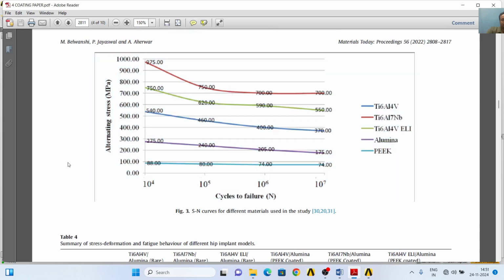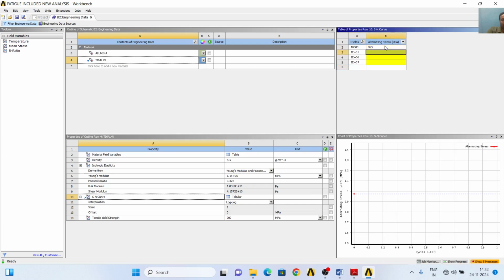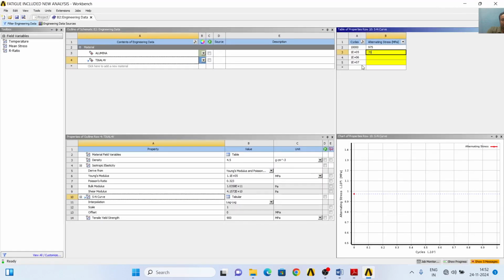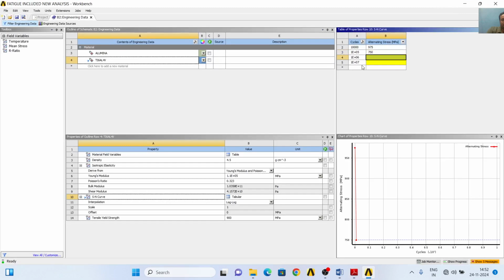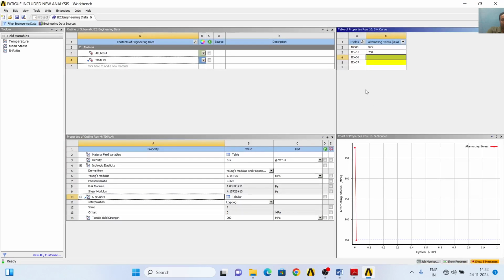The stresses are 975 megapascal, 750, 750, 700, and this will also be 700.